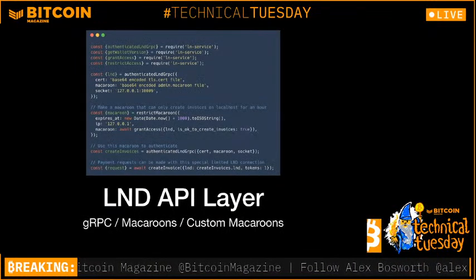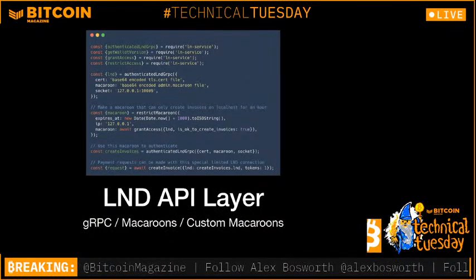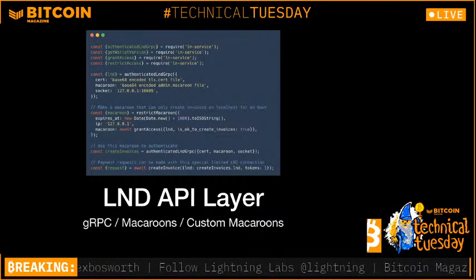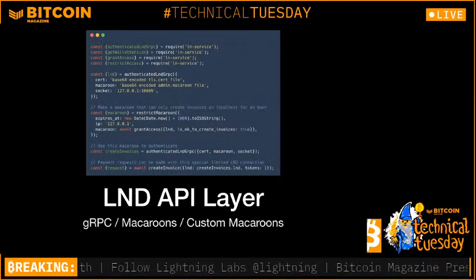One thing that I think is interesting to play with is that macaroons are more than just a simple API token. You can add restrictions to them. I have an example here where I'm restricting the macaroon. I've taken this access credential and I'm adding on these restrictions.